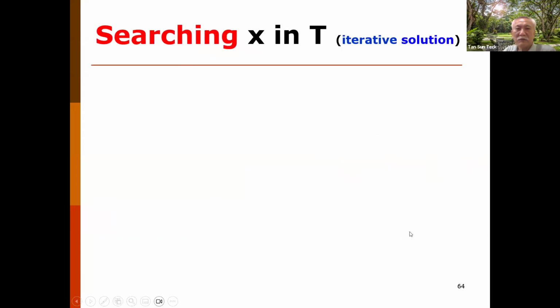So you can actually do a recursive algorithm to find top k and bottom k. Searching in T, you want to find a value X, right? In this case, this is an iterative solution. Iterative means you use a stack.